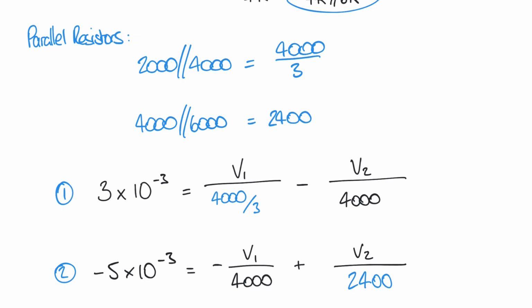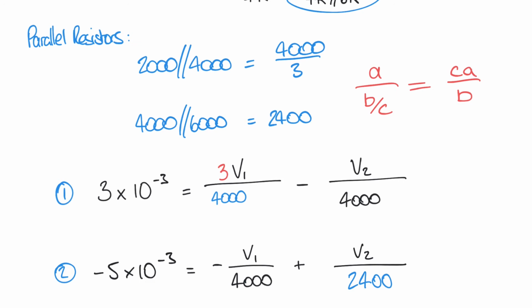If we have something in the form of A over B over C, then that's the same thing as CA over B. And so let's apply that logic here. We can say that V1 over 4000 over 3 is the same as 3V1 over 4000. And that looks a bit tidier now. So our two equations now look like this.